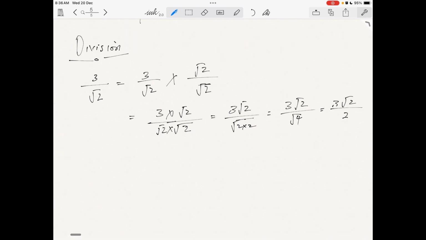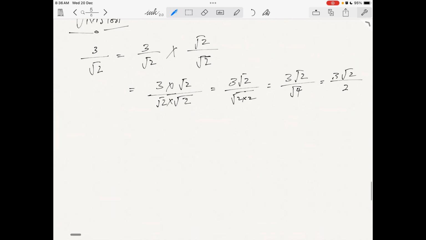So when we have a more complex denominator, let's say for instance we have 3 plus root 2 divided by root 5 plus root 3.